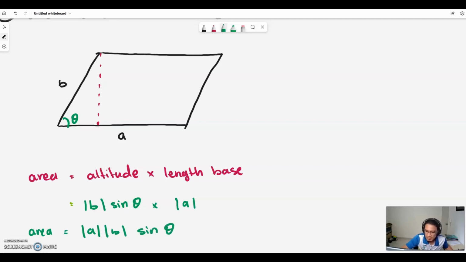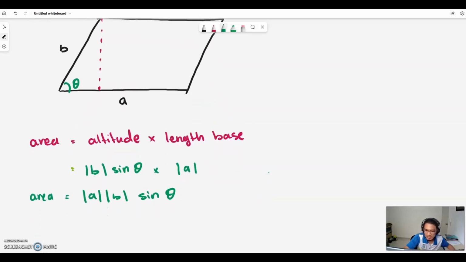As we can see, this equation is similar to the equation of cross product, where magnitude of A cross B is equal to magnitude of A, magnitude of B, sine theta. So this is how we can calculate the area of a parallelogram by using the cross product of vectors.